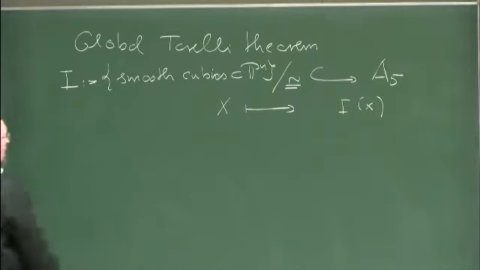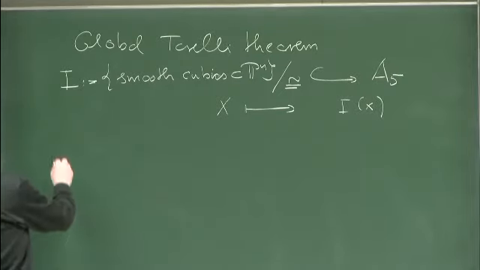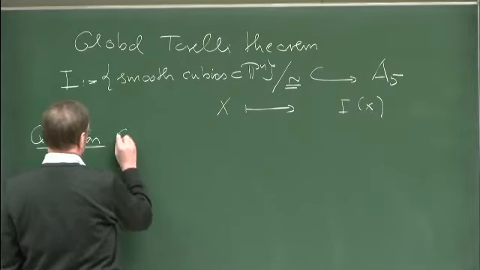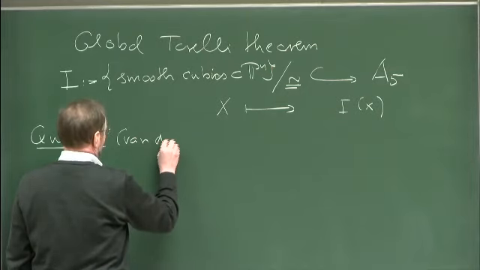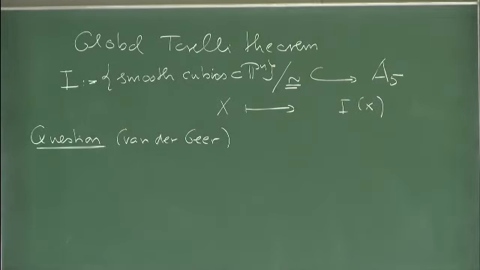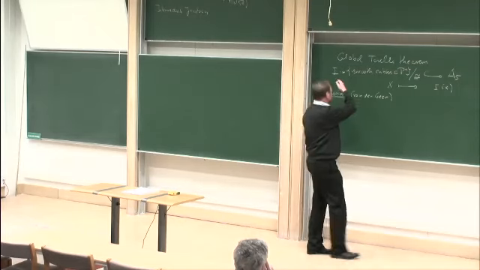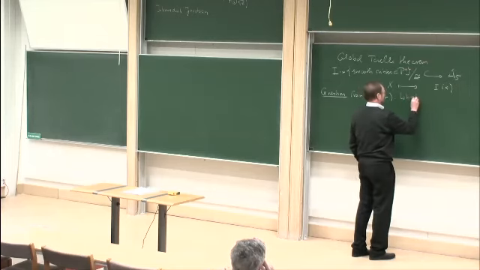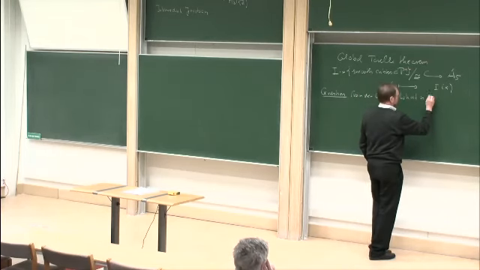Let me call this I, and I want to think of I as a subset of A5. It's locally closed. A question, and that was the starting point of our considerations, posed by van der Geer, asked about the class of this set, or its closure.